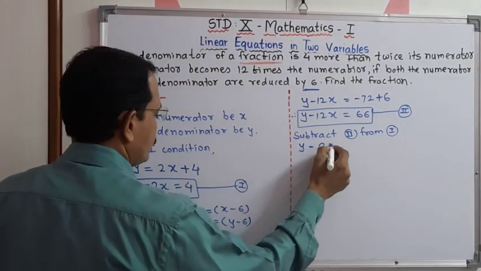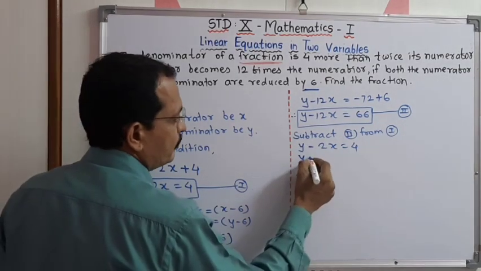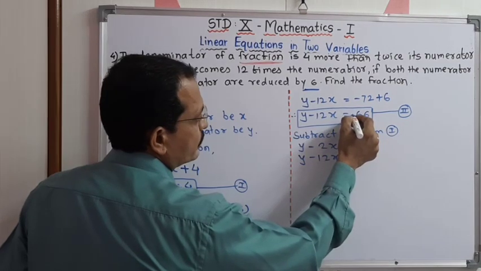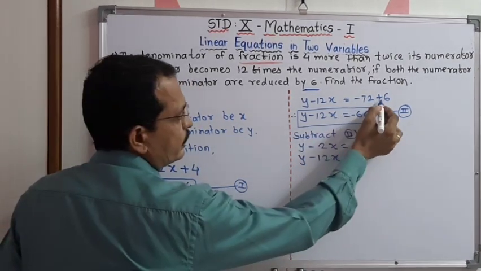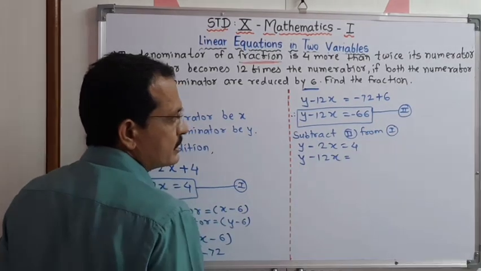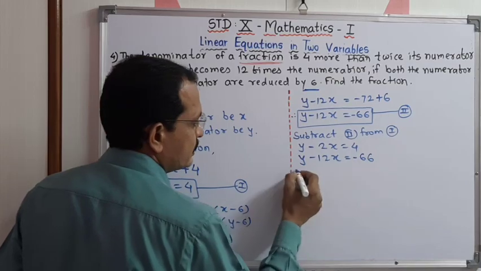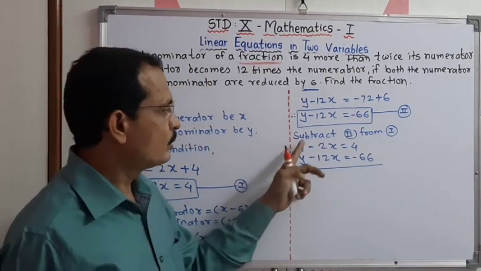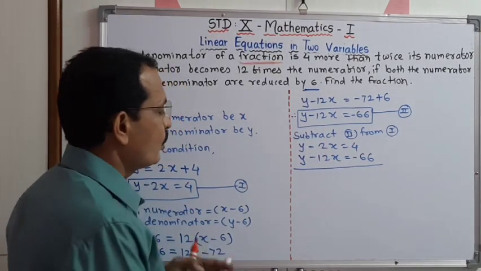Now write down first. y minus 2x is equal to 4. Then y minus 12x is equal to, dear student, here it is minus 72 plus 6, it is minus 66, and therefore we have to write here minus 66. Be careful about the sign. Now see here, we have to do the subtraction, therefore we have to change the sign of every term.